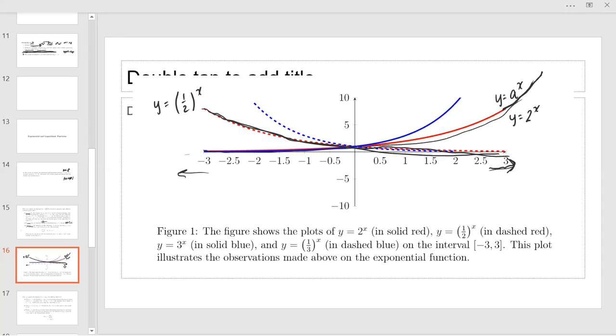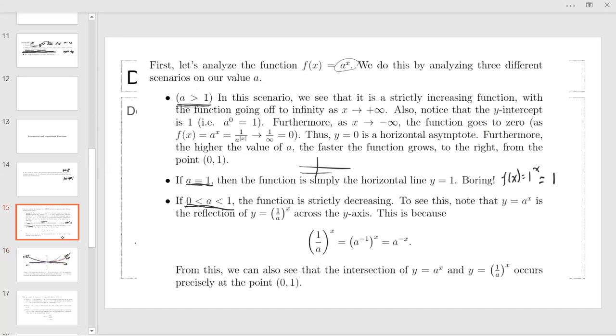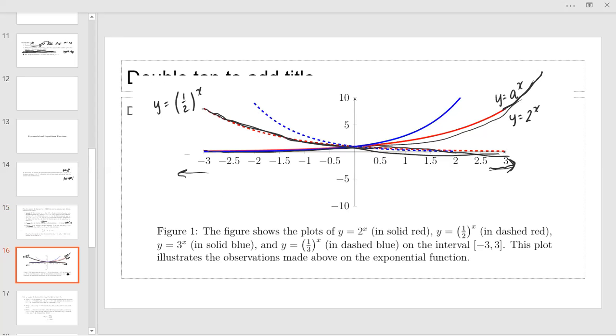And as x goes to negative infinity, our graph goes to positive infinity. So again, we have an asymptote at y is equal to 0. So those are what our graphs look like for the exponential function. And this is the graph y is equal to 3 to the x. This is 1/3 to the x.